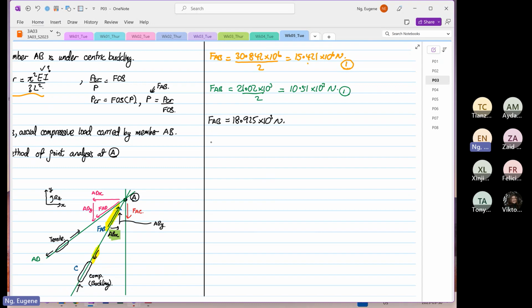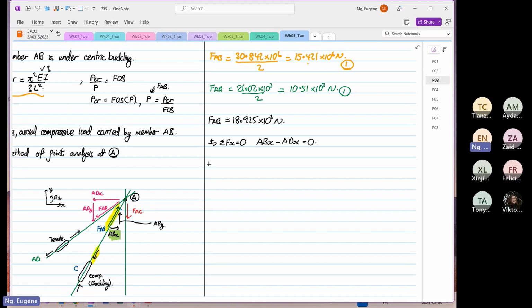If we look at static analysis, or method of joints, we can say summation of forces in the x direction is equal to 0. We can find the relationship where ABX minus ADX is equal to 0. Right?